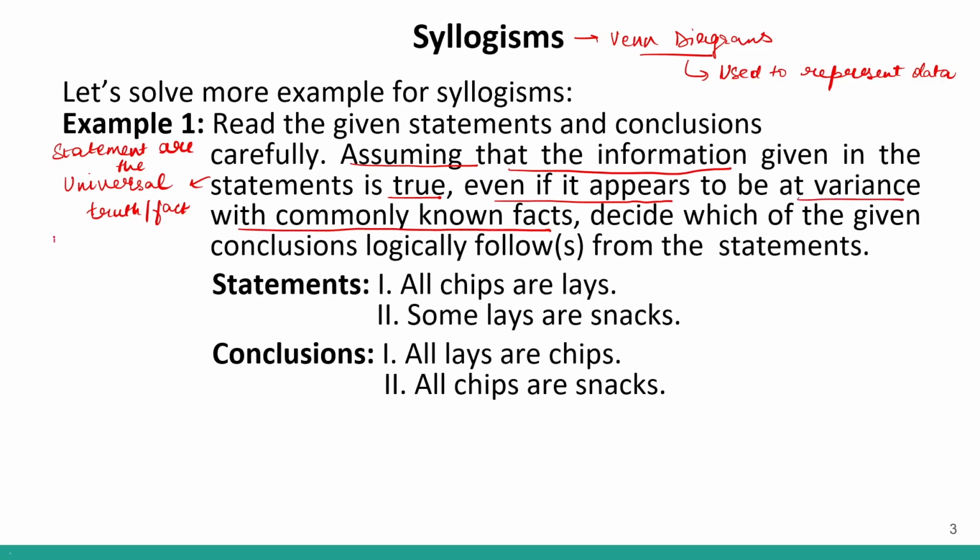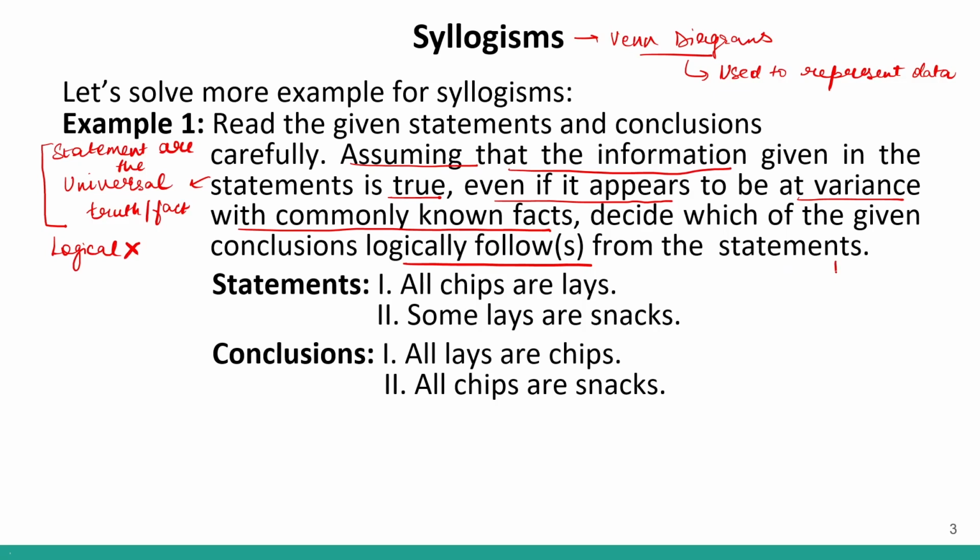That means that even if there is no common logic, no common sense to the question, we still consider them to be universally true. So the question says we have to decide which of the given conclusions logically follows from the statements.